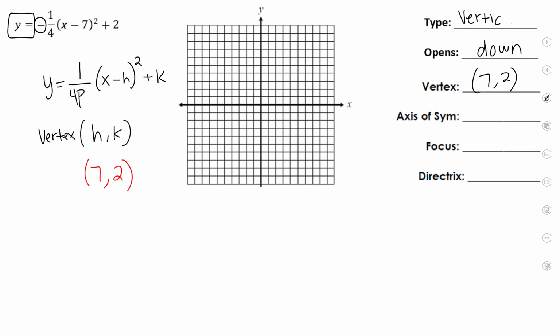It's vertical because it has a y equals, and it's facing down because of this negative in the front. So let's go ahead and plot the vertex. This is your vertex at (7, 2). And I know it's going to face down, so it will look something like this. Not perfect, but it will be facing down.